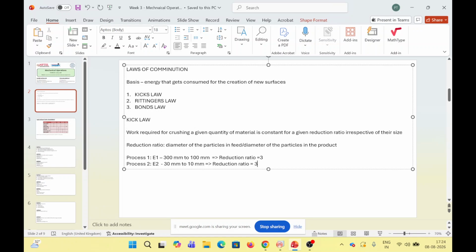So irrespective of the size to which you are breaking down the particles, since the reduction ratio is constant, the work that is required will also remain the same. What it typically means is E1 should be equal to E2.